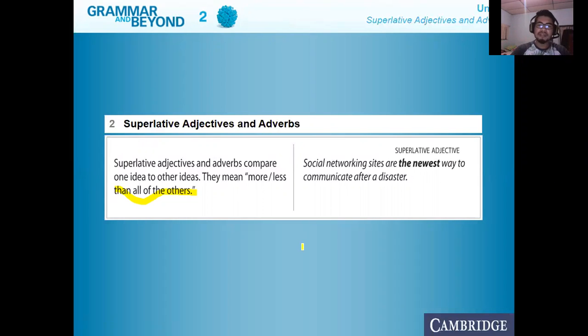For example, social networking sites are the newest way to communicate after a disaster. They are the newest way. Now you can see through your phone, for example, when there is an earthquake or a hurricane, you can type to someone else and let them know that you are okay. Probably this was one of the most controversial features added to a social network recently, but it is the newest feature that we have to communicate after a natural disaster or something similar.